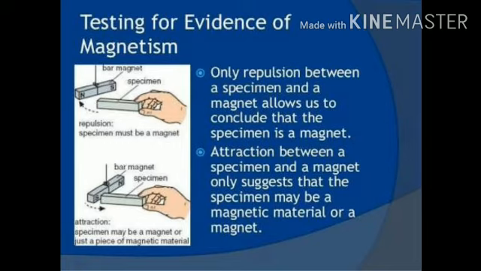Now we have to bring the specimen metallic bar near one end or one pole of the magnet, and again bring the other end of the specimen bar towards the same pole of the magnet.